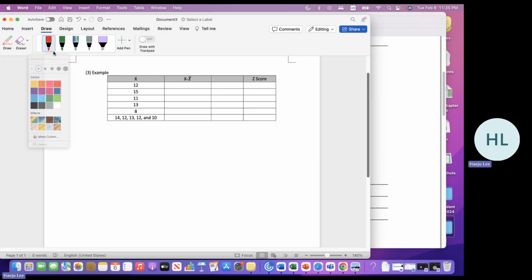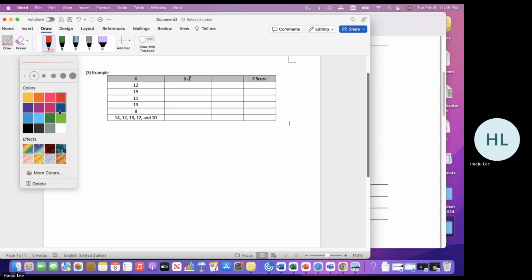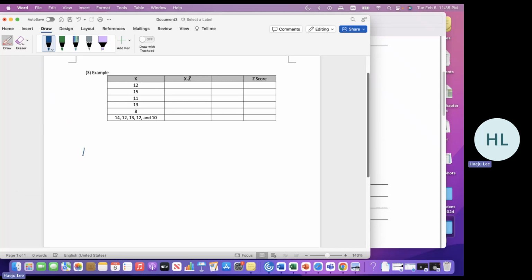In this case, the mean is 12. Standard deviation is 2.